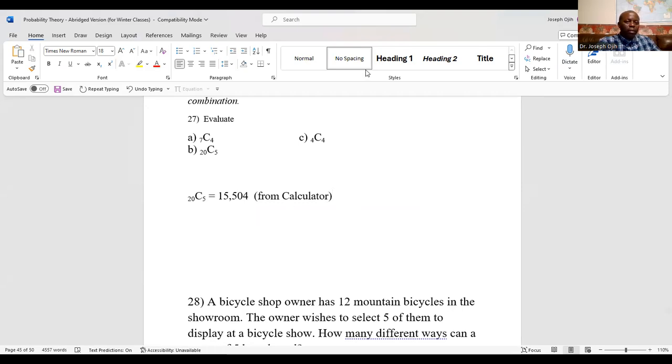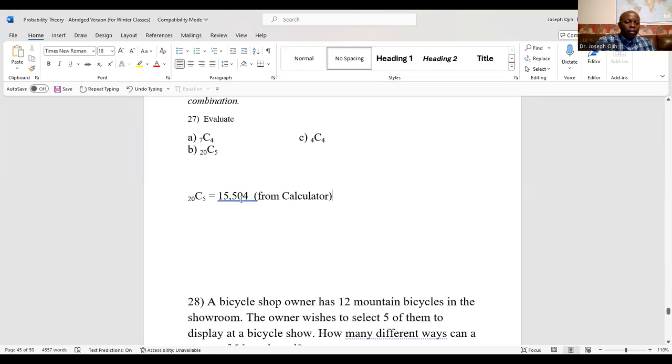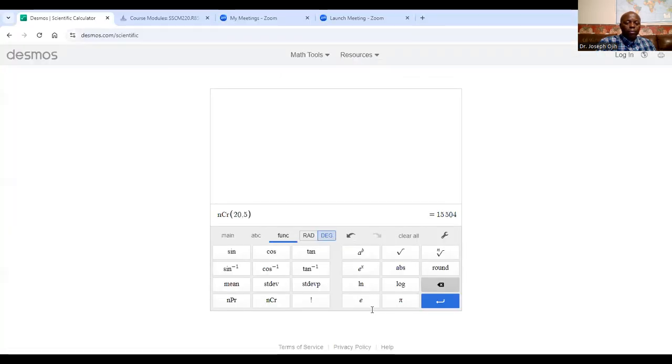Now, from Excel, we can do the same thing in Excel. So let's go to Excel. I'm going to copy this again and paste it here. So, like I said, this one is from the calculator, 15,504. And that is 20 combination 5.